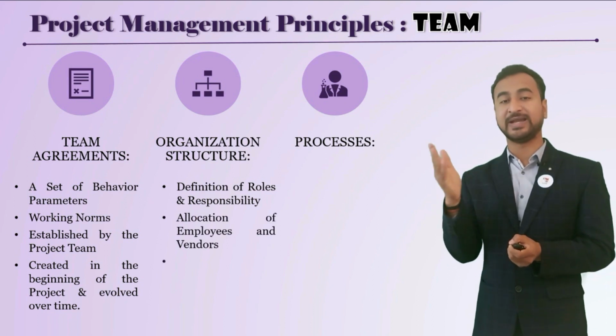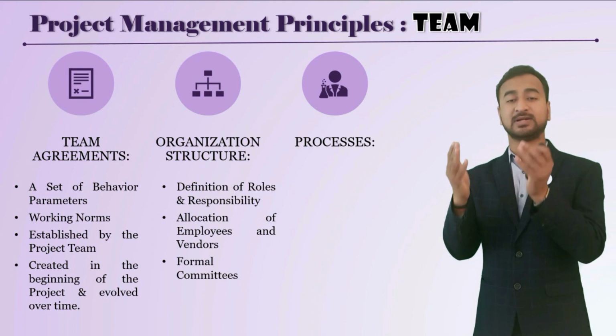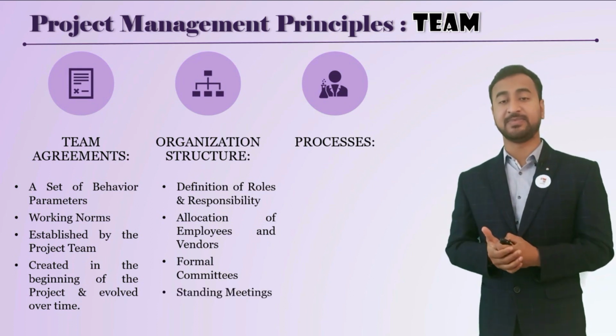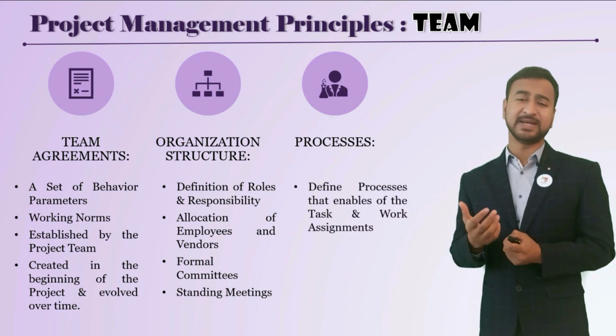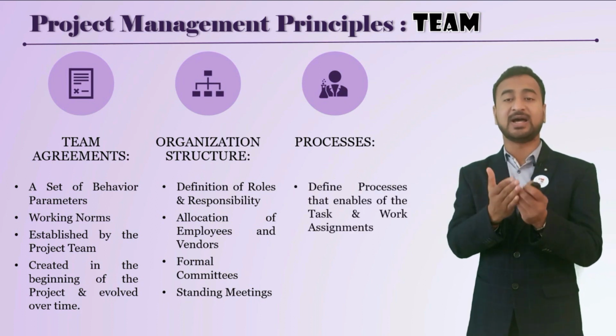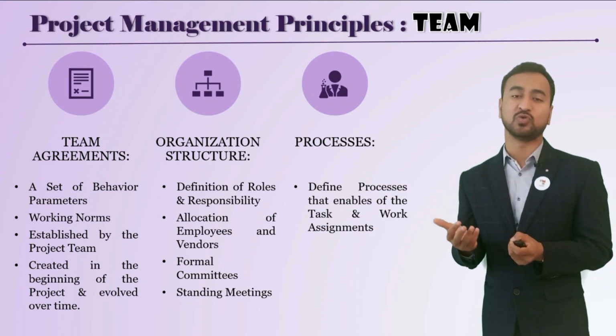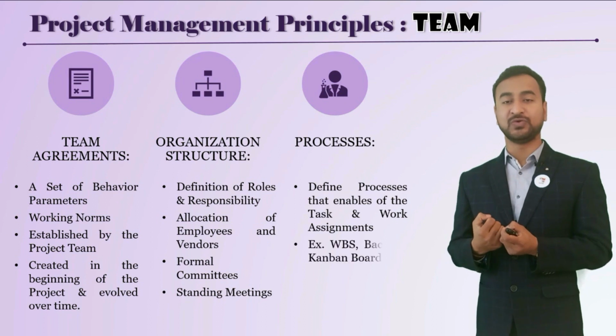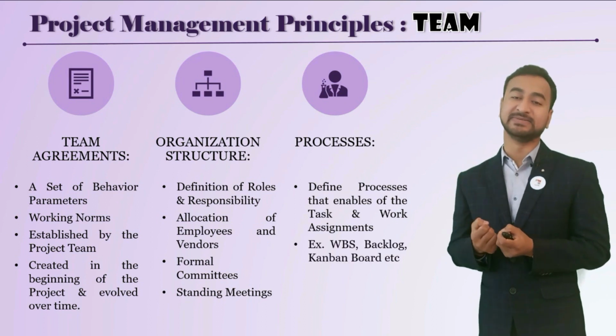You should have clear-cut roles and responsibilities. Certain formal committees need to be created for managing the teams, standing meetings and all that, and the processes that define the tasks and how you are going to execute those tasks. Well-defined processes also help to build good team capabilities and team spirit.